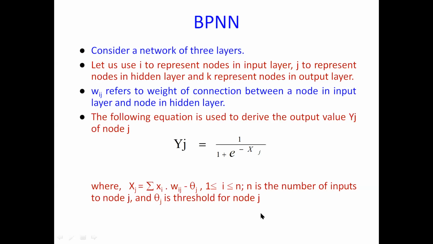And obviously this process is repeated for i equal to 1 to n. That means we know that i is basically the nodes in the input layer, and n is the number of inputs to node j. So automatically for all the inputs going to node j, we will follow this process.